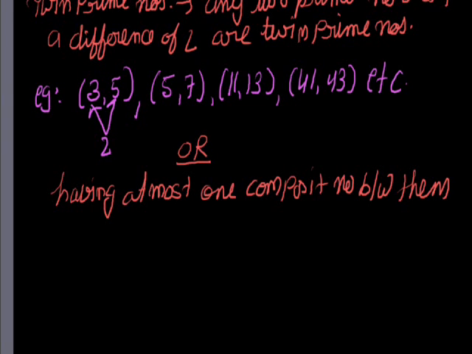Now how is it possible? Take 3, 5. If we look at this example, there is one composite number which lies between 3 and 5. That is 4. So a pair of prime numbers having at most one composite number between them are also known as twin prime numbers. So that's all about the classification of the numbers.